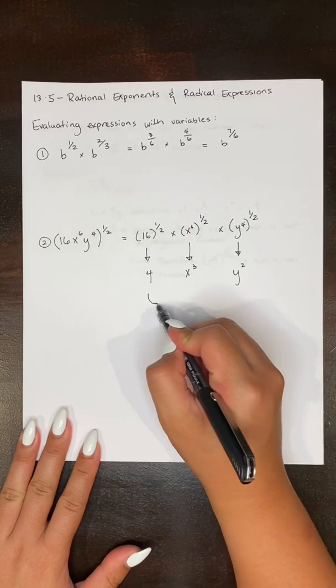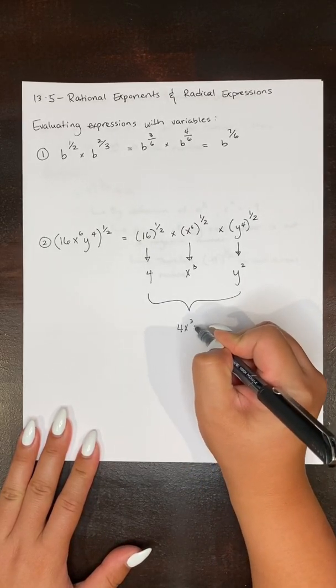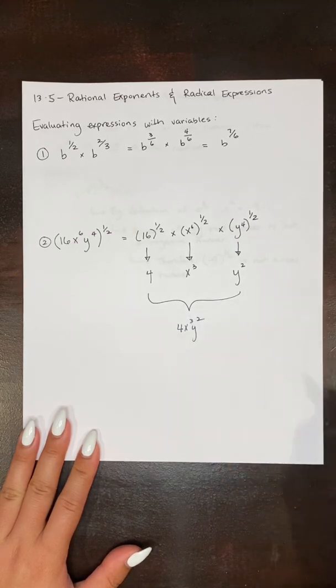With the final solution, 4x cubed y squared.